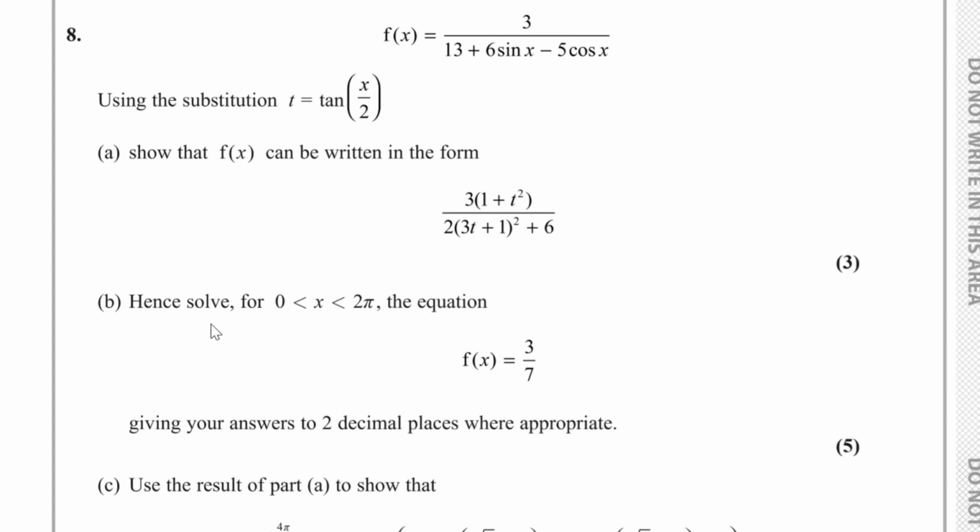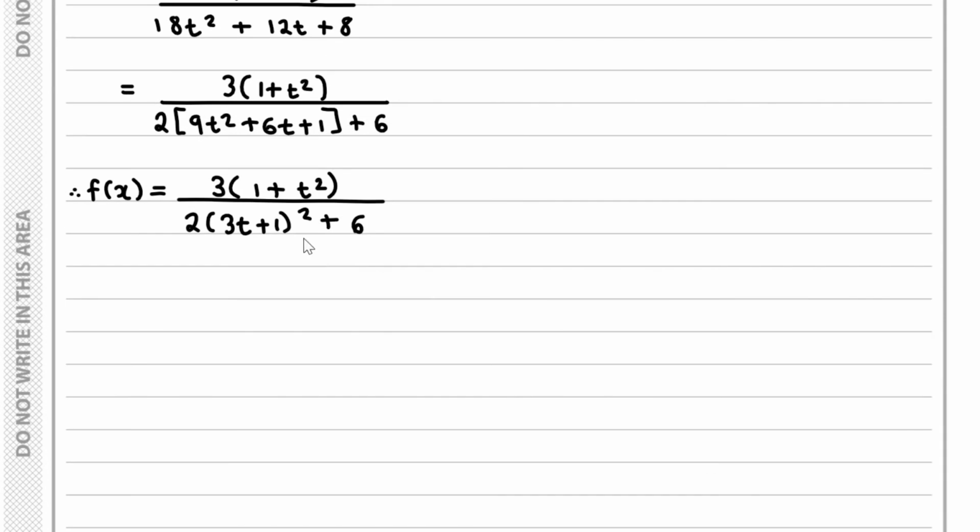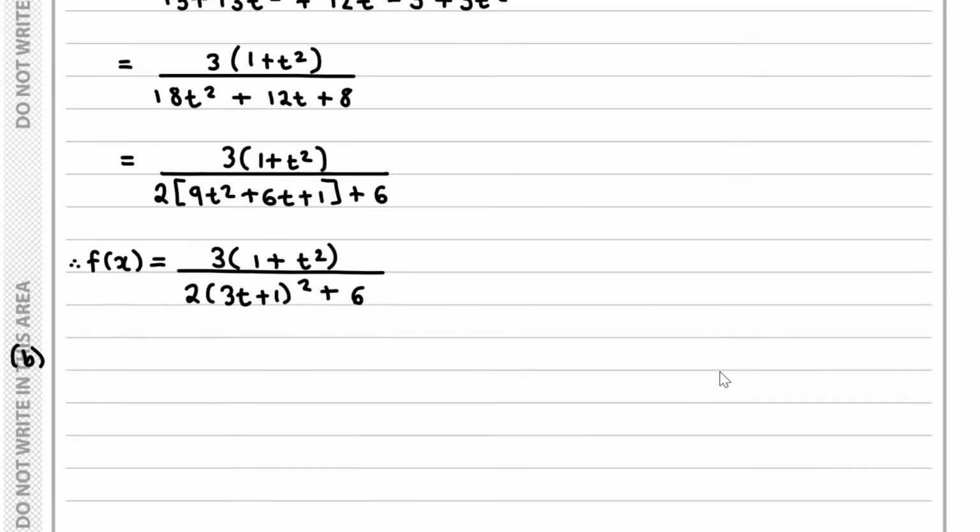And now for part B: hence solve for x being in between 0 and 2 pi the equation f of x equals 3 over 7, giving answers to decimal places as appropriate. So for part B, we have f of x, which we know is this result here. Let's just write it out in full.